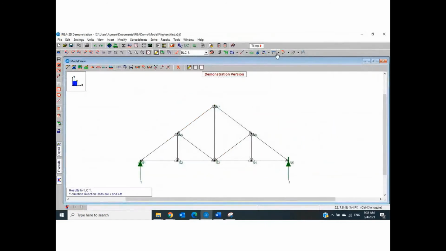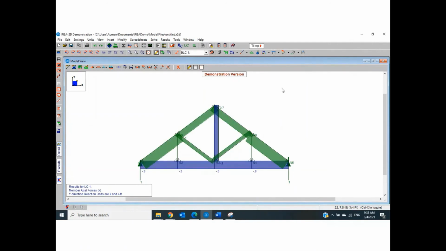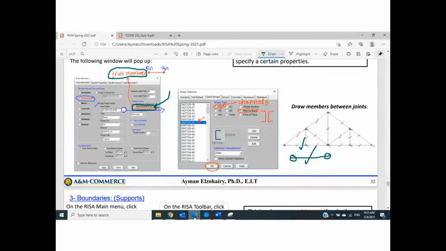If you show the shear force diagram, it will show 0. If you show the bending moment diagram, it will show 0. The only result is axial, which is the internal forces in truss members. That means you are drawing a truss. If you did not select this option, that means you are drawing a frame or beam or something else, not a truss.